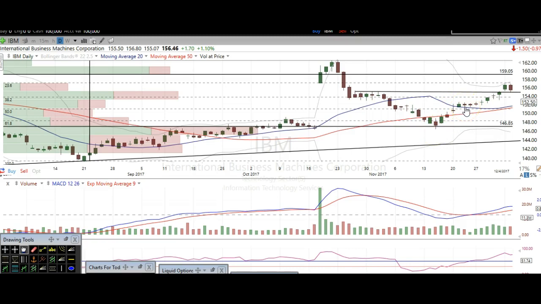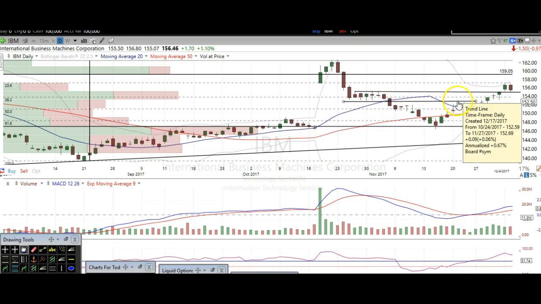We exited partially right here on this day, and the reason was because of the lows of these candles right here. So I'll draw that little resistance right there. You can see if I draw that, you're going to get that resistance.